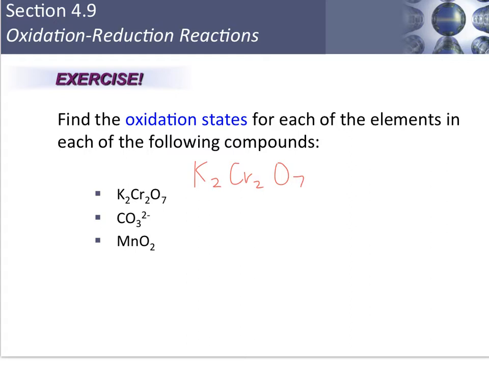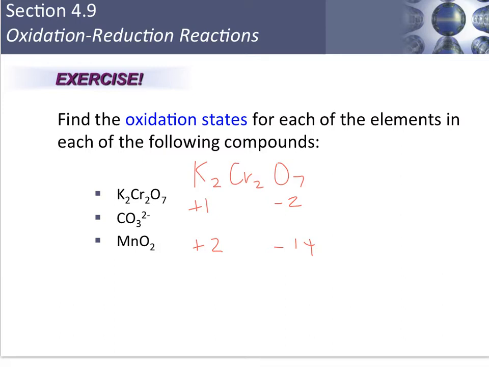If we look at the potassium dichromate, we already know that potassium is a monoatomic ion, and its charge is always a +1, so that will be its oxidation state. Oxygen is always a -2. Now, there are 2 of the potassium ions, so that's a total of +2. And there are 7 oxygens, so that's a total of -14.